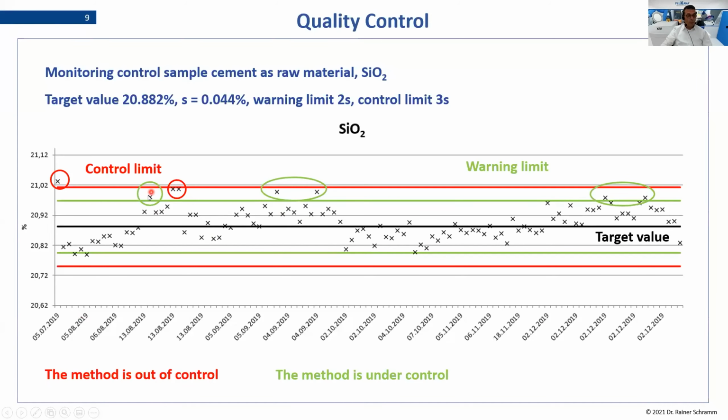While single measurements, which are just in between the 2 limits, we still consider as an outlier, but our method is still under control. And when the next value is then inside, we just ignore it. We just say this was just an outlier statistically, and we can continue.